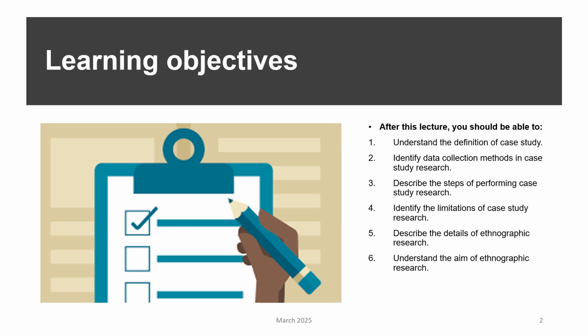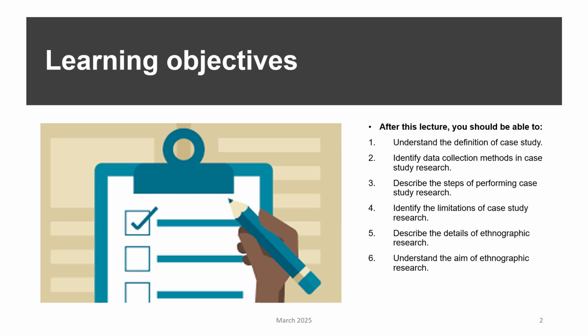So the learning objectives from this lecture. After this lecture, you should be able to understand the definition of case study, and you will be able to know that there are many definitions for the case study and even for ethnography.